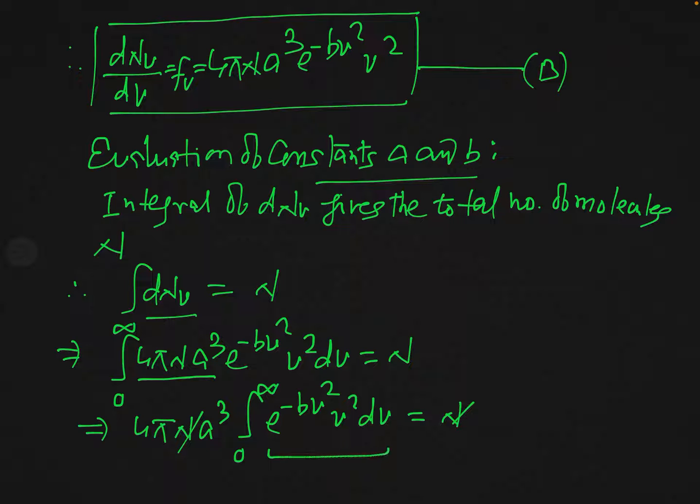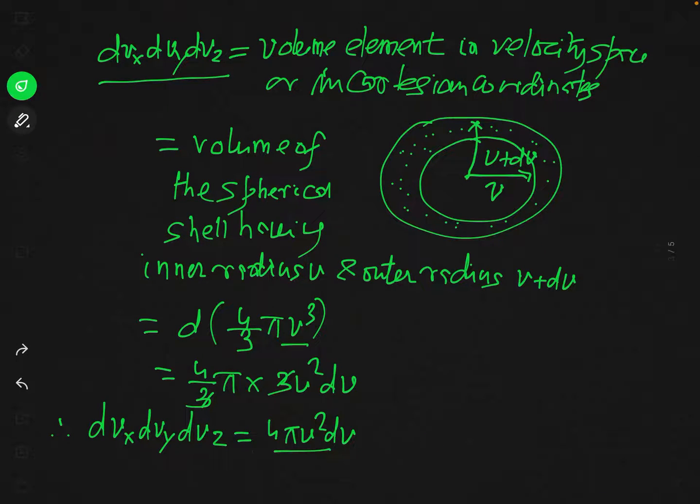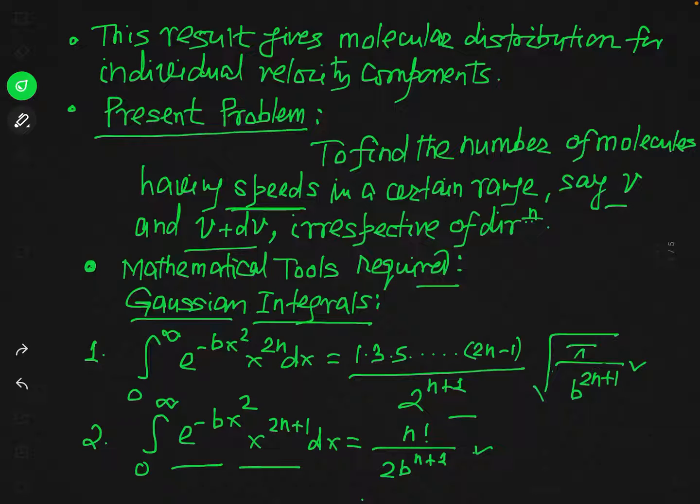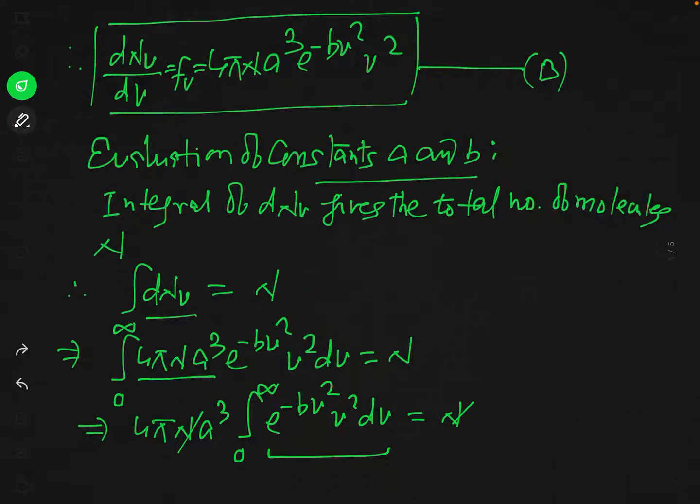Now see this integral and compare it with the standard Gaussian integral which I have mentioned earlier, before starting this problem. You can see the first Gaussian integral contains even power on x, and in our present problem, instead of x there is the variable v, and it contains even power. So we will use the formula which you have seen in the first Gaussian integral.